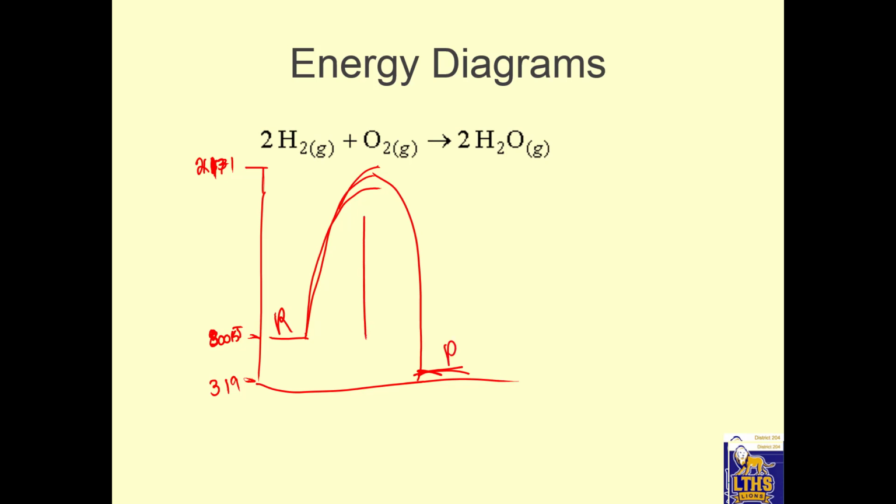The climb up the hill was a total of 1371, which we calculated for the energy to break the bonds. Okay. Then they release 1852 when they form two water molecules, but then the delta H of the overall reaction, this is the delta H, is a total of negative 481 kilojoules. Okay. And it's negative because the products are lower, they're more stable.